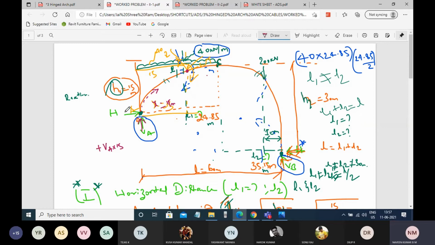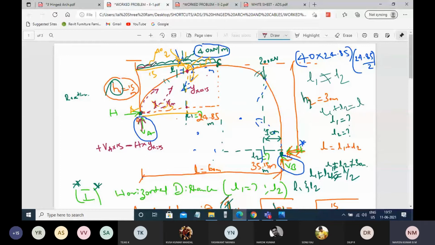Understood? So now again the horizontal force is acting. To reach this point, you require a perpendicular distance, let me consider it as y suffix x equals 15 meter. We'll just keep this as y suffix x equals 15. Understood? And you see the rotation of this horizontal force about the point is anti-clockwise, so minus.